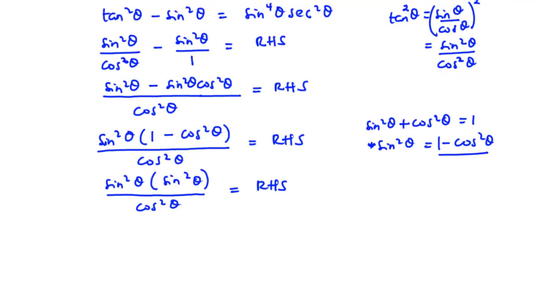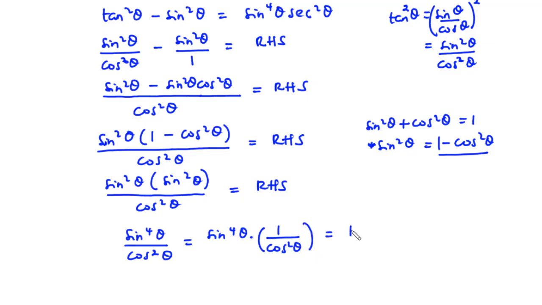So we multiply sin squared theta, and then we have sin^4 theta over cos squared theta. And this can also be written or simplified as sin^4 theta times 1 over cos squared theta.